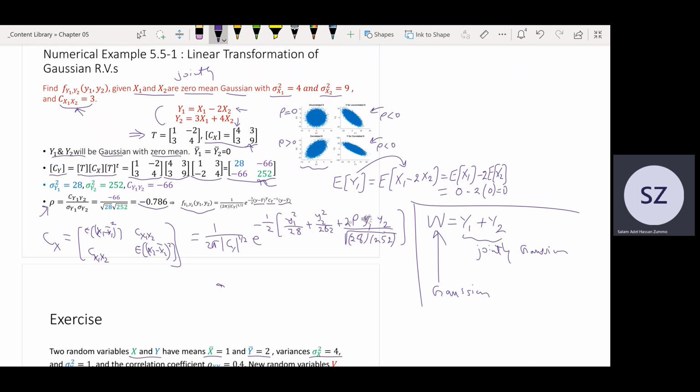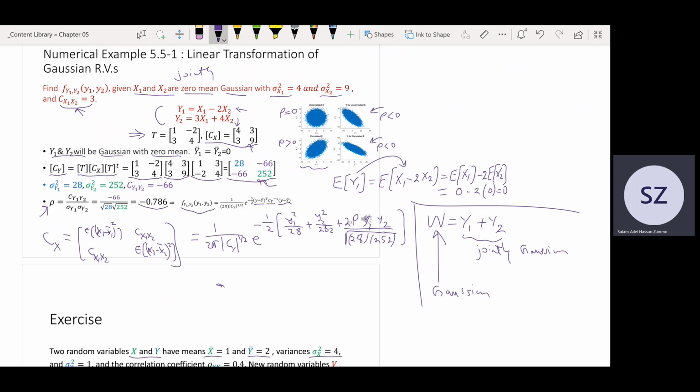If I ask you, what is the PDF of Y1 given Y2? What will the answer be? Also Gaussian. You need only to find the mean and the variance. Because it's Gaussian, to find the PDF, what do you need to find? The mean and the variance. If you find the mean of W and the variance of W, it's fine. You have the Gaussian distribution. You can write it.